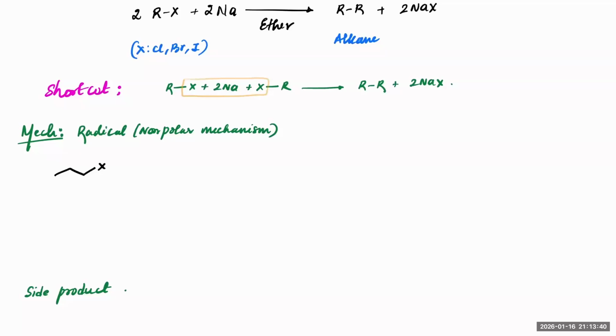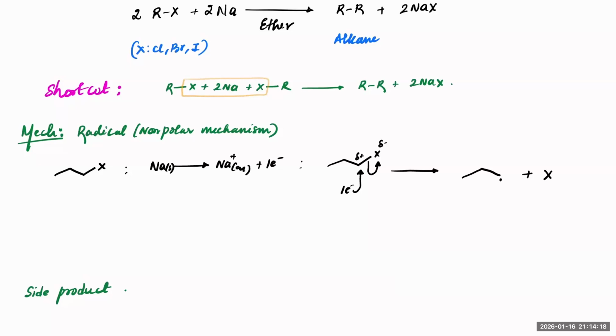And before reacting onto that alkyl halide, sodium solid in the presence of ether will try to provide electrons into the solution, and these electrons will try to attack on the carbon which has delta positive and delta negative here due to electronegativity. And as the electron appears, the halogen will start moving away, thus giving a radical of propyl here and X minus here. Got it?